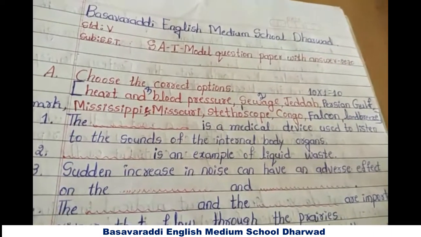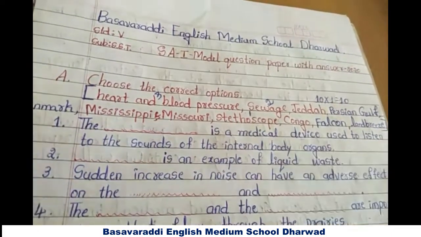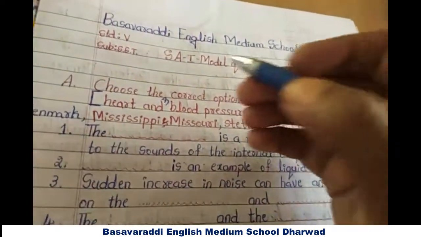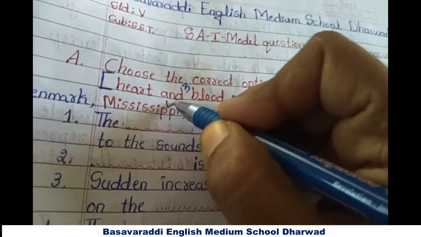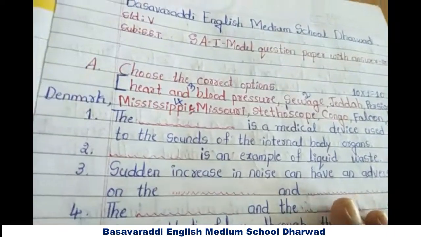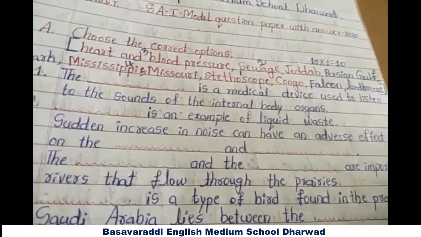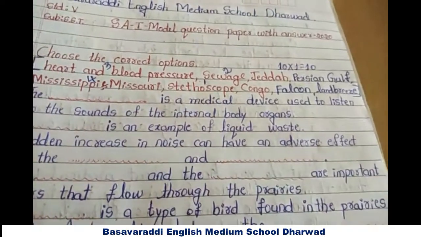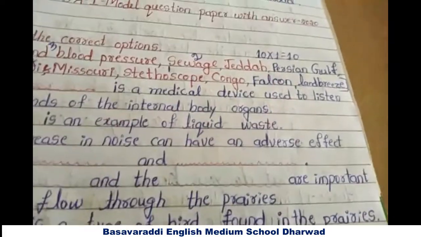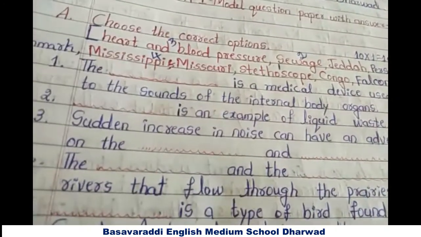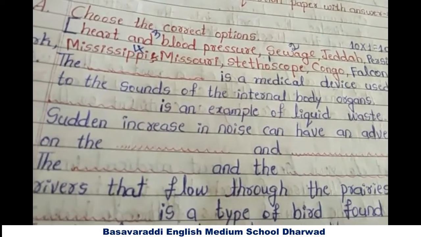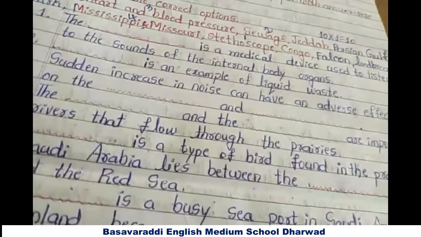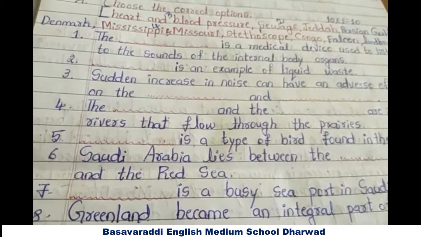Just recall the rivers, children. Mississippi and Missouri. The Mississippi and the Missouri are important rivers that flow through the prairies.